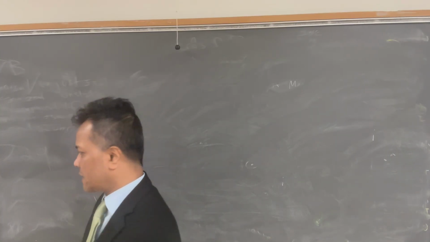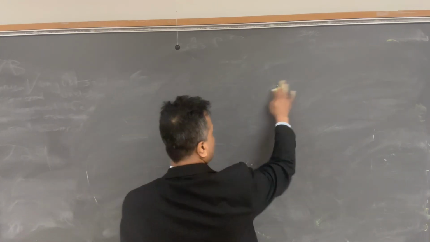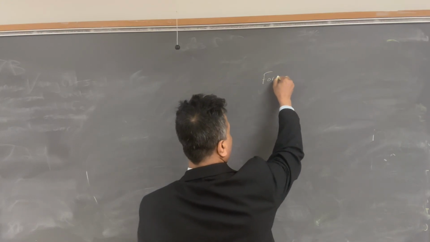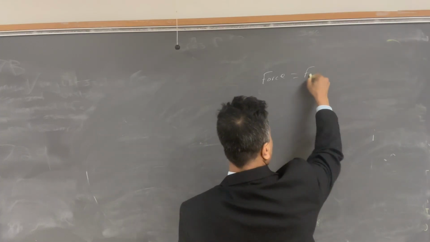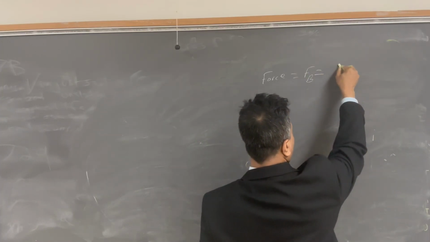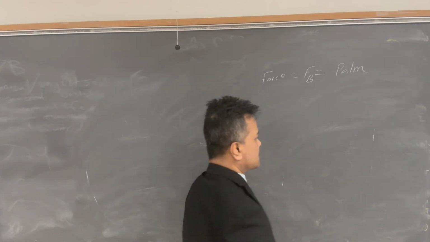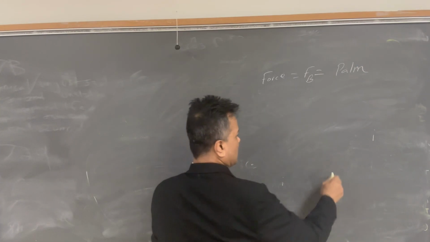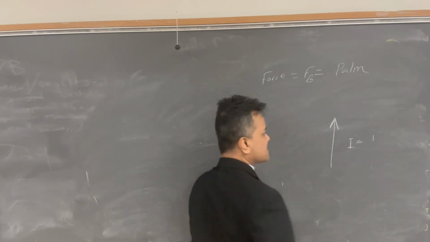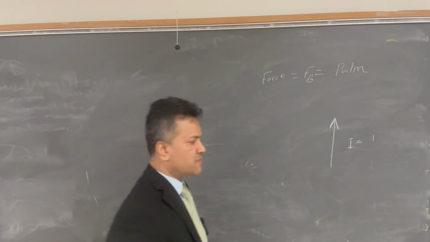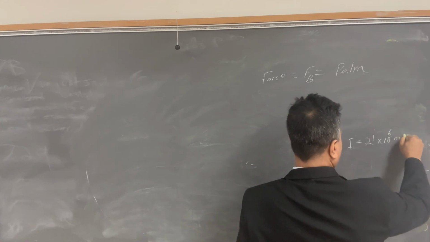Okay, so for the force, we're going to read our palm. What do I mean? Let's see, this is what I mean. Consider a current which is, let's say, 2 magnitude less than the speed of light to the north.